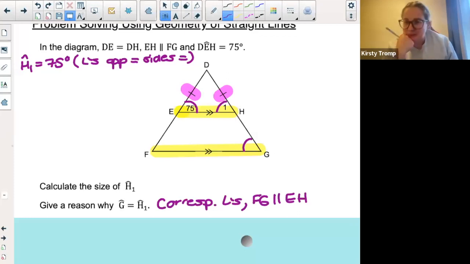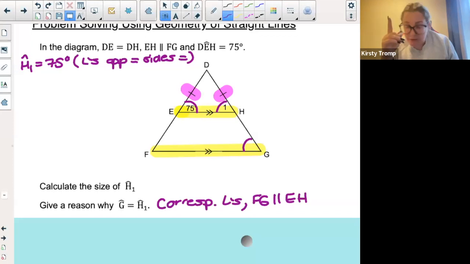Fantastic. For the first question, ma'am, could we also say H1 equals 75 because DEF equals 75, so therefore DHG would also equal 75?